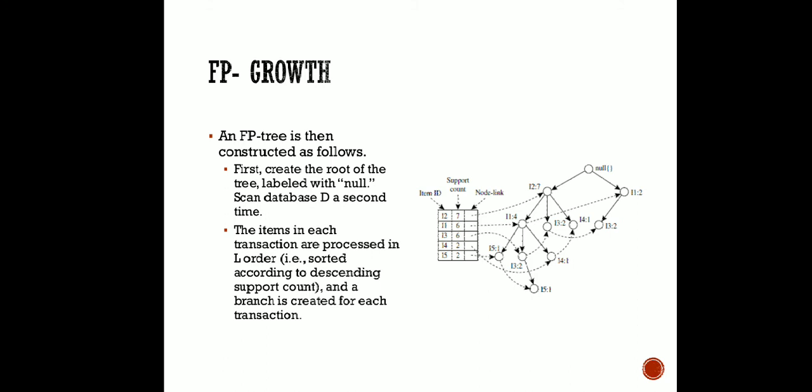So I2 will have two more items, I1 and I5. Do not focus on the count, just keep focus on the items only. We will see how the count is being generated. So I2 has one child, that is I1, and I1 will have another child called I5. Do not focus on the dotted line now, just see the leftmost path. So this branch has been created.